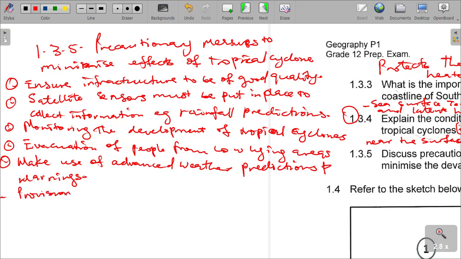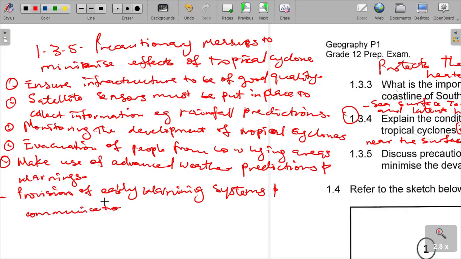Provision of early warning systems and communication for people to be prepared.